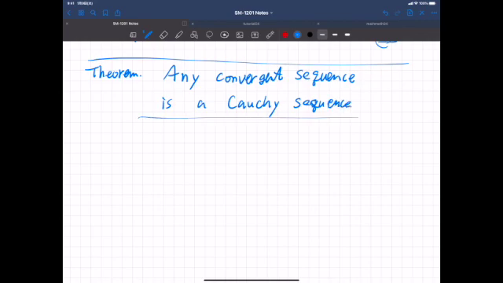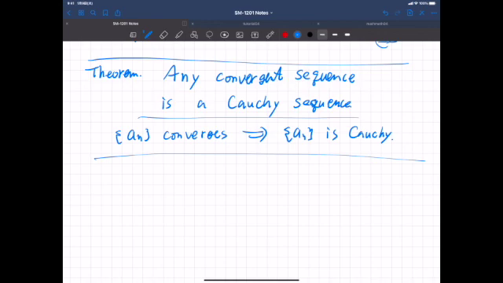So this means if a_n converges, then this a_n is a Cauchy sequence. Okay, so let's prove this.